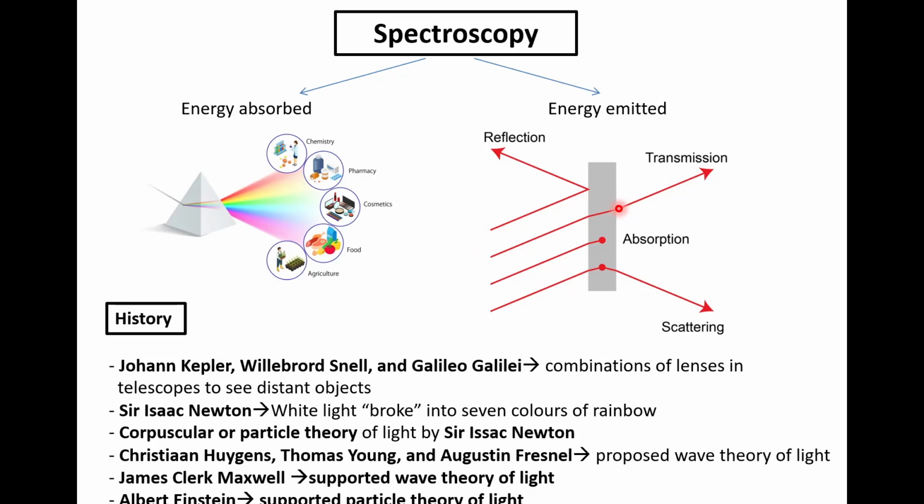It can also transmit through the media, changing its path length during the travel inside the media, and then we get the transmitted light. It can be totally absorbed by the matter, or there can be some scattering by the matter.